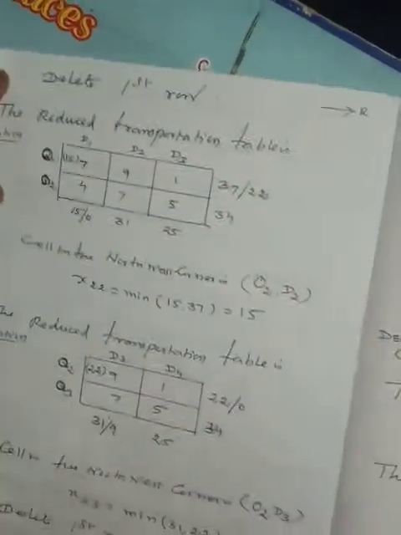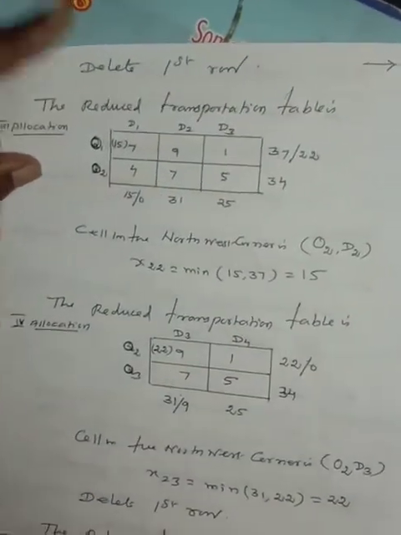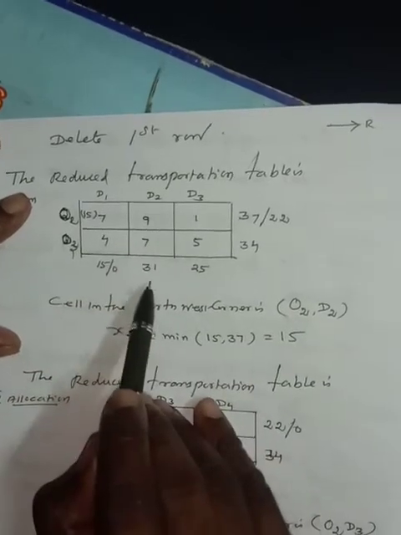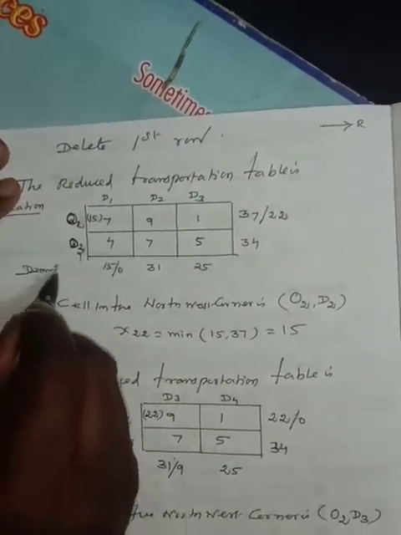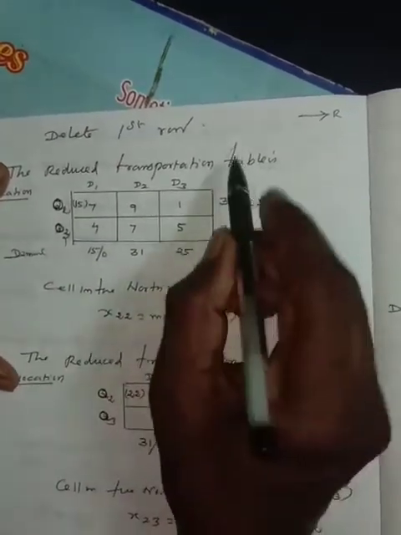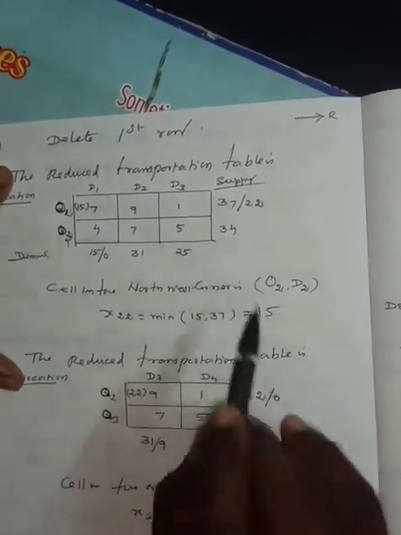Now the first row is finished, so the second row and D2, D3, D4 remain. First column demand is 15, second demand 31, third demand 25. Supplies are first 37, second 34.